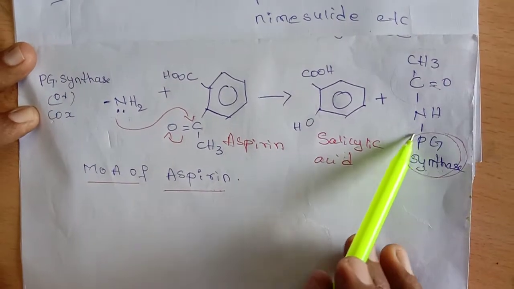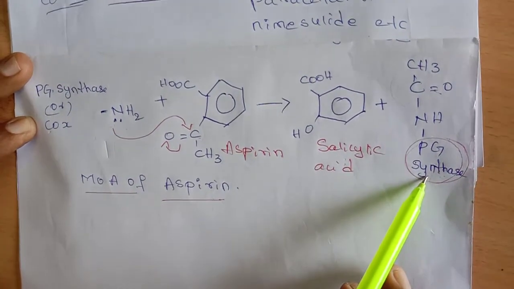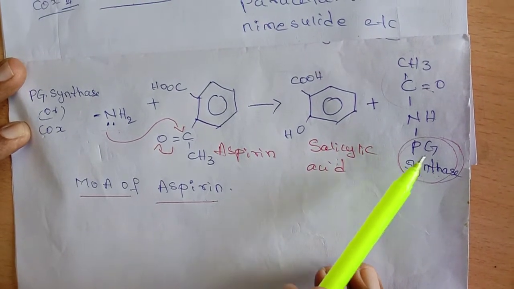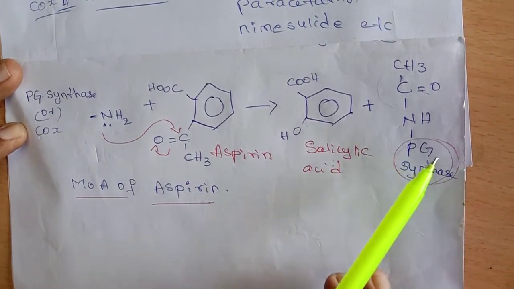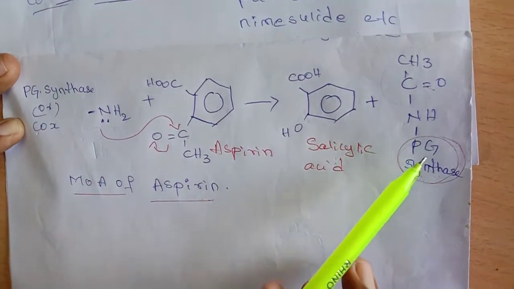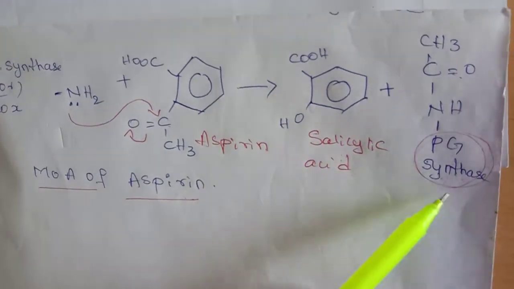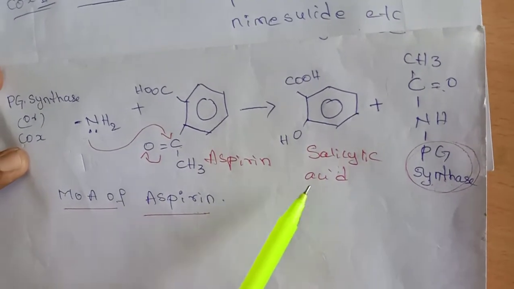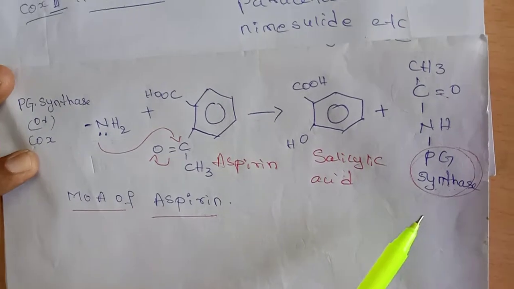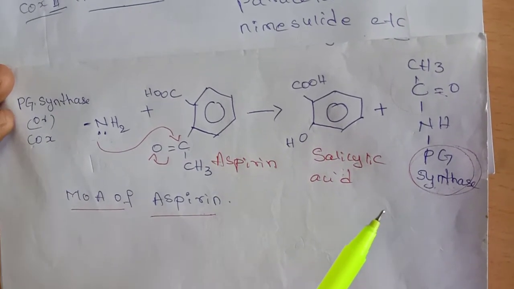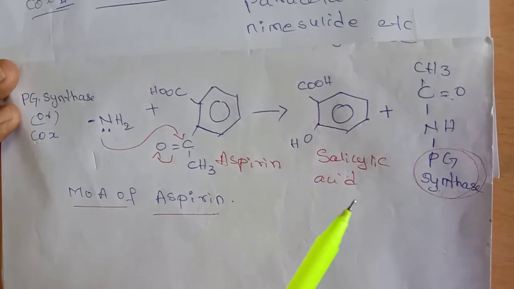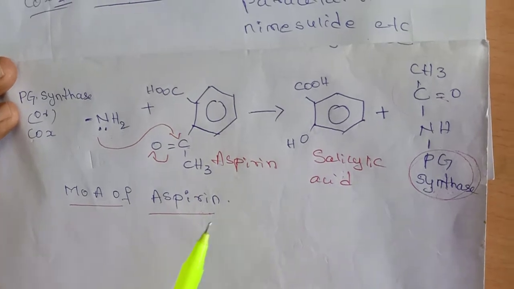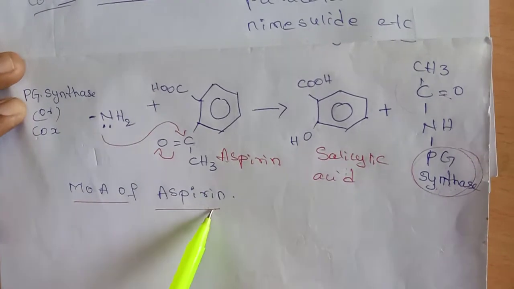The enzyme prostaglandin synthase is thereby inactivated. Since this enzyme is inactivated, prostaglandins cannot be synthesized. In this way, aspirin and other non-steroidal anti-inflammatory drugs act as anti-inflammatory drugs and also analgesics. So this is the mechanism of action of aspirin.